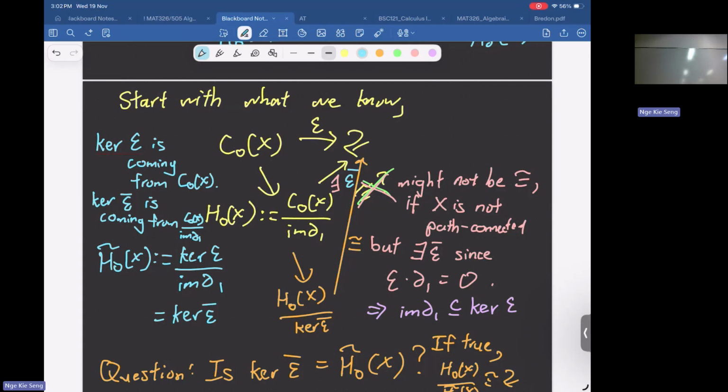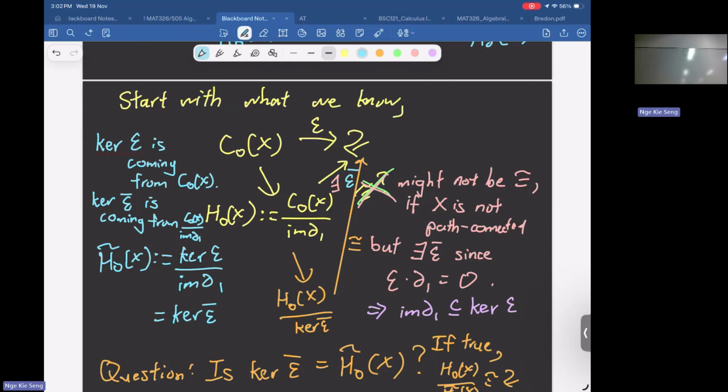Okay, how about the other direction then? Maybe the other direction needs some explanation. Why can the kernel of epsilon bar here be written in this coset form?